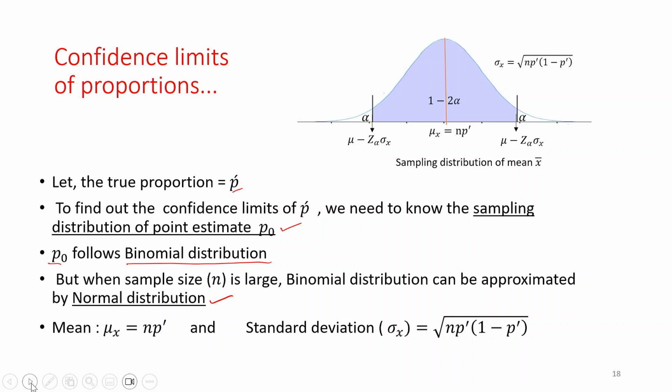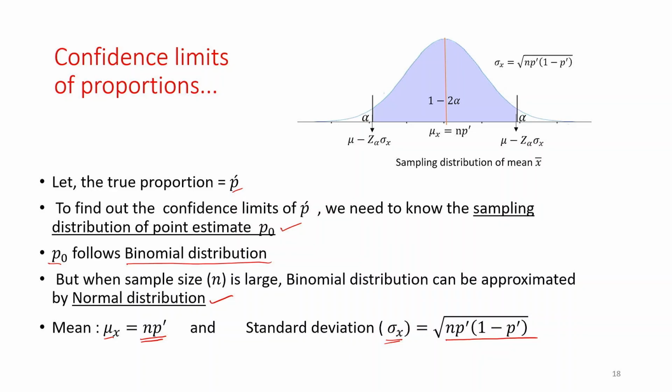Now, what is the mean value of a binomial distribution? Mu of x is going to be n p dash, and the standard deviation is going to be root over n p q, that means root over n p dash times 1 minus p dash. This is the q. P plus q is going to be 1. I think we have discussed it earlier while discussing binomial distributions.